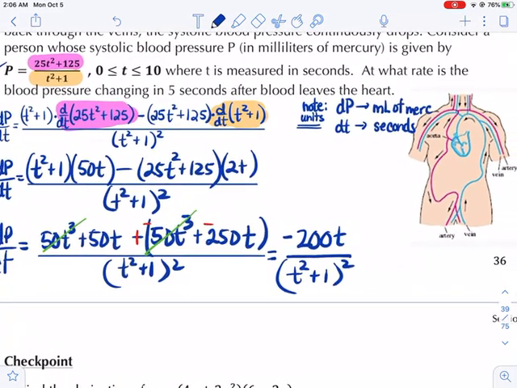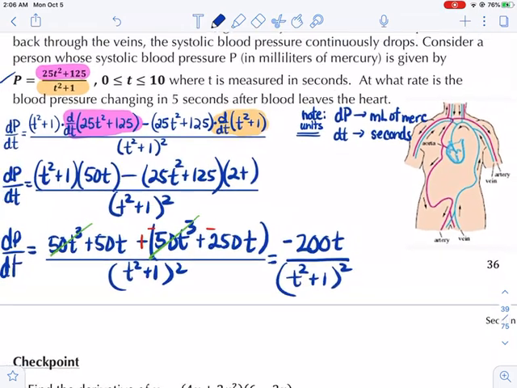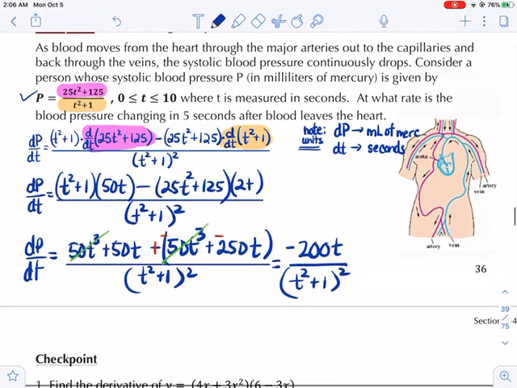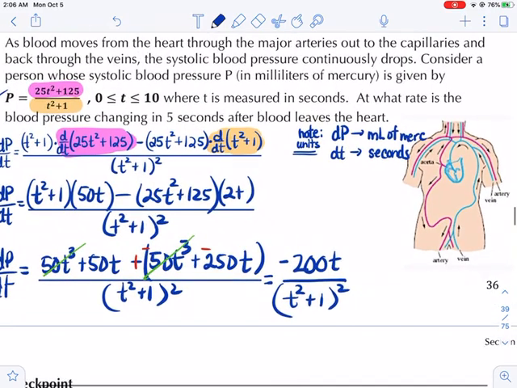Okay? Now, in this case, we want to know at what rate the blood pressure is changing 5 seconds after the blood leaves the heart.